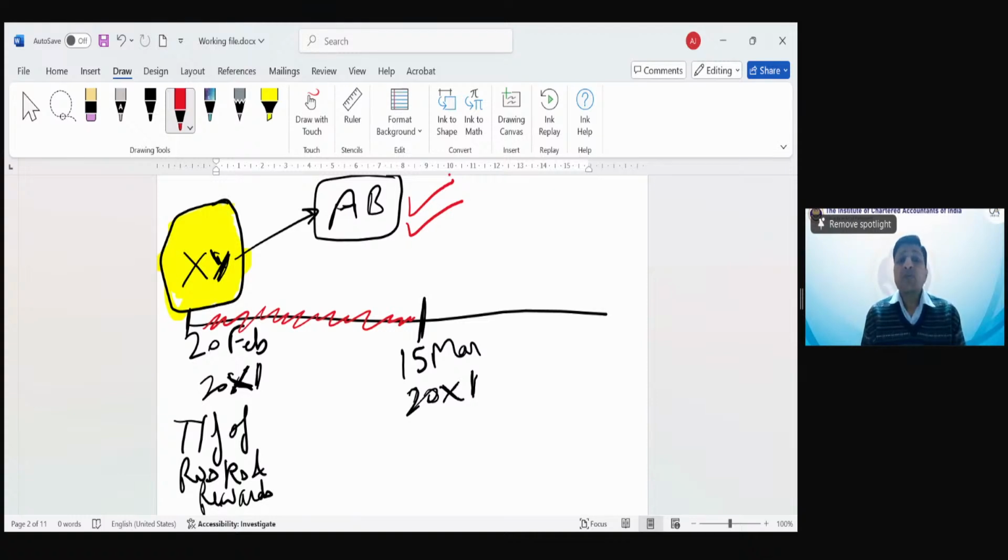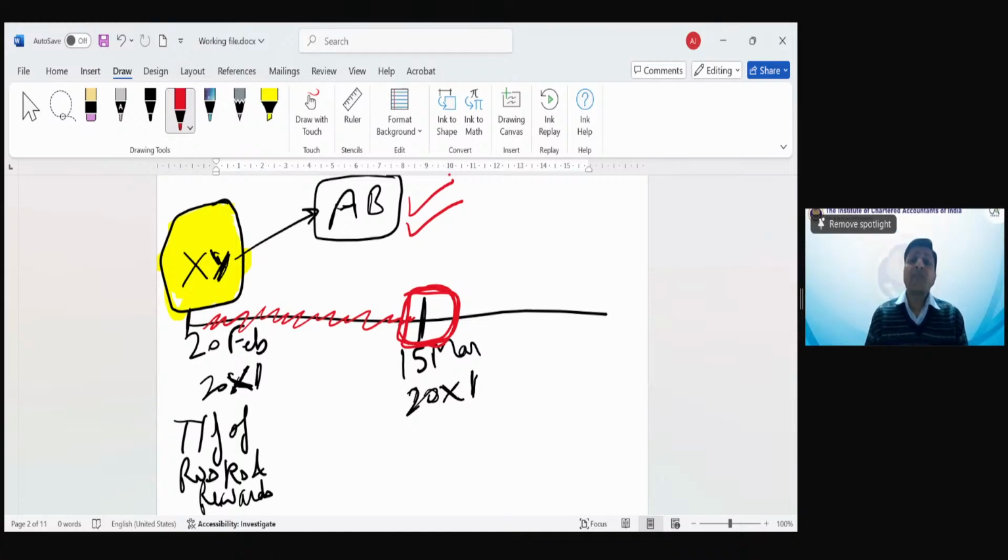So in this case, even though the dispatch will take place on 15th of March, when should you recognize revenue? Tell me, when should you recognize revenue? 20th of Feb.